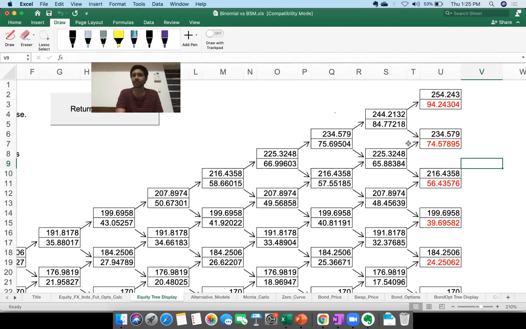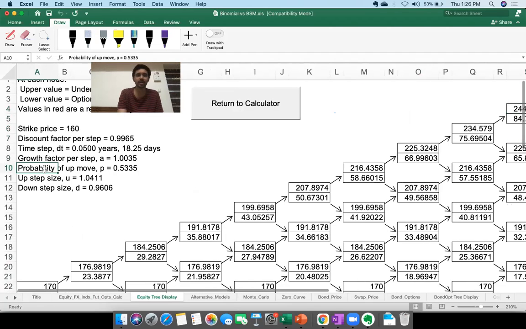If you see over here, this node and this node are converging to the same particular share price. That will not happen if the u and d for this node are going to be different from the u and d at this node. For instance, the u and d over here are 1.0411 and 0.9606.